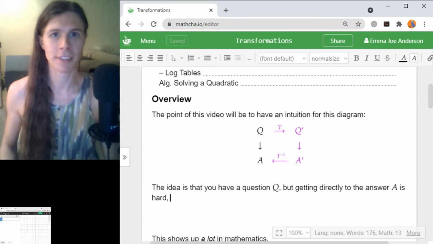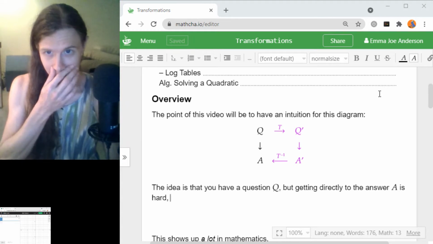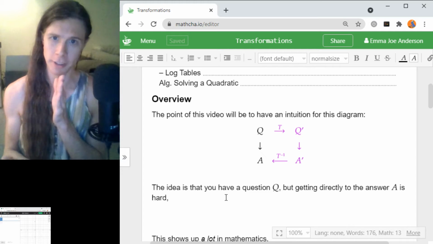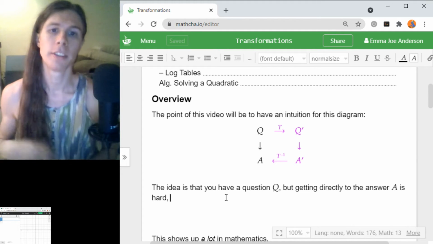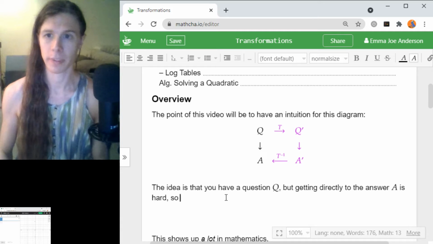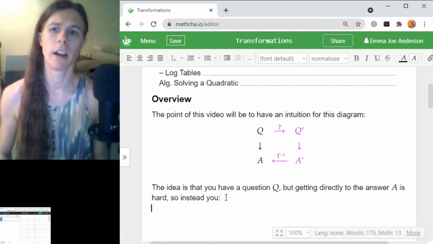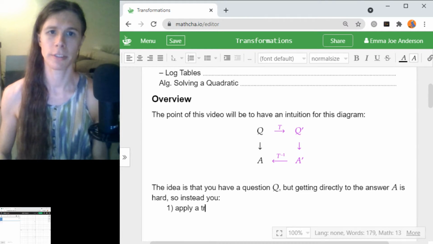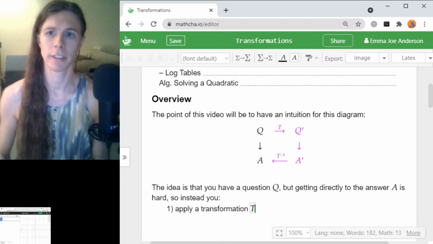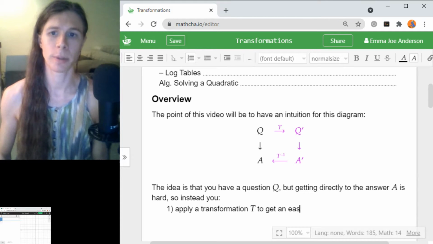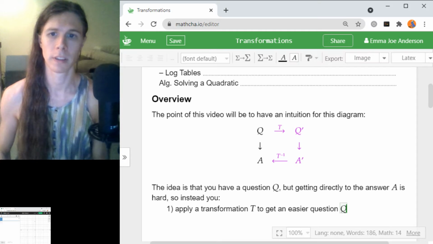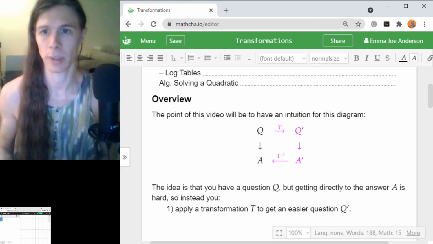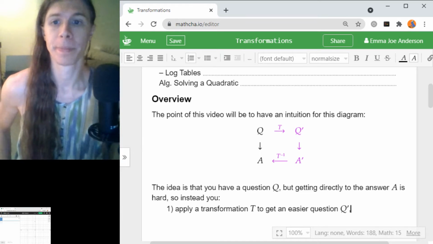In full words, that means, so you have a question Q, but getting directly to the answer A is hard, going straight down. So instead, you apply a transformation to get an easier question. And that's sort of the key here, that Q prime is an easier question than Q was to solve.